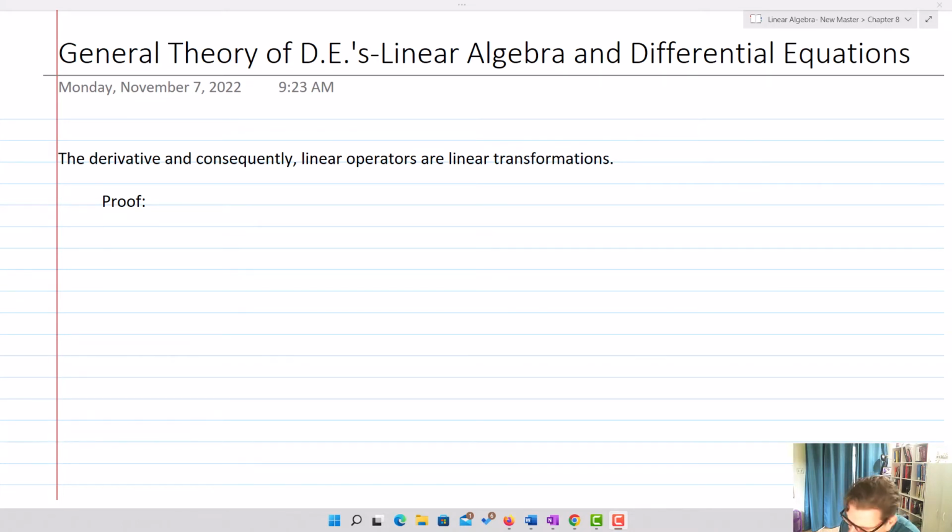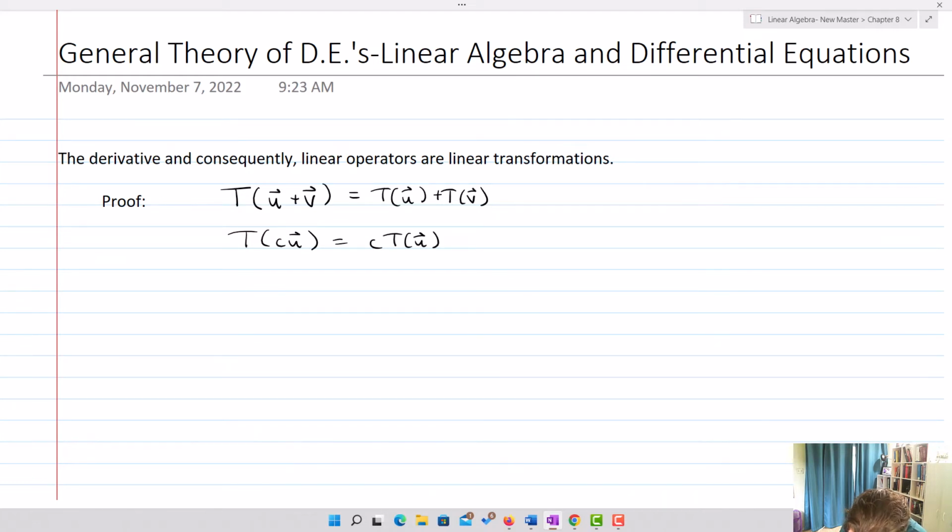So if you remember, to be a linear transformation, we need two requirements. We need that T of u plus v has to equal T of u plus T of v, and also that T of cu is going to equal c T of u, for c belonging to some field.